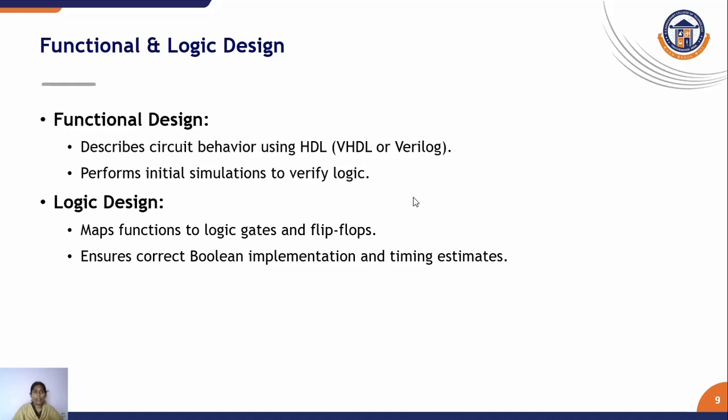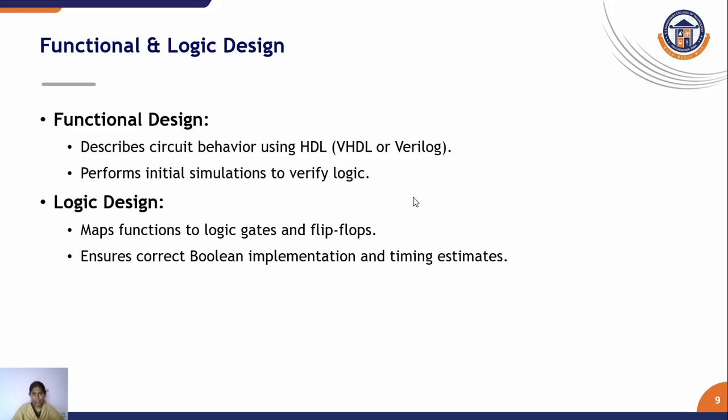Then we move to the functional and logic design. Functional design here describes the circuit's behavior using a hardware description language. Hope everyone knows the hardware description languages. Here we know the concepts of VHDL and Verilog. Using either VHDL or Verilog, we describe the circuit behavior of the design.